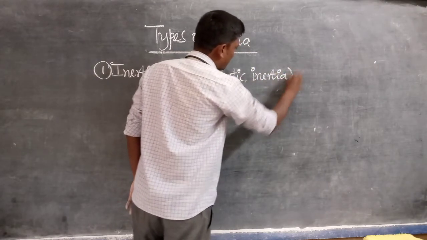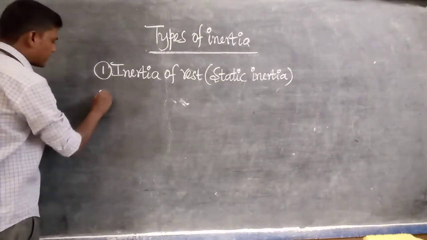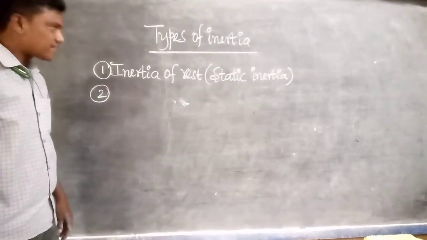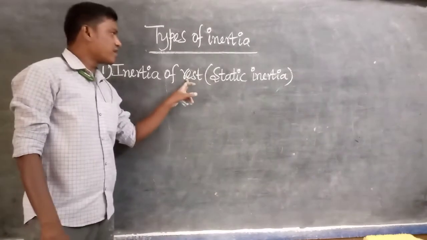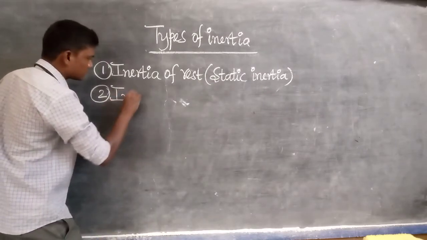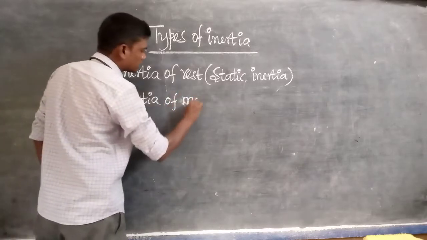Static, we know from the 8th standard chapter on friction, is when a body is at rest. That's why static means rest. Next, the second one is inertia of motion.